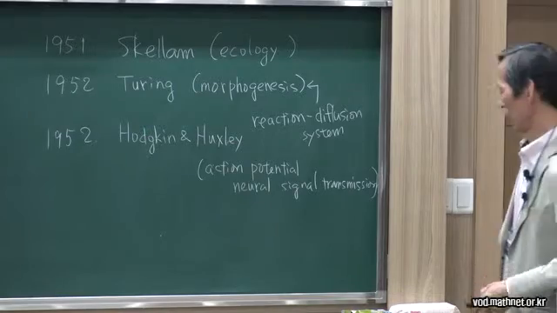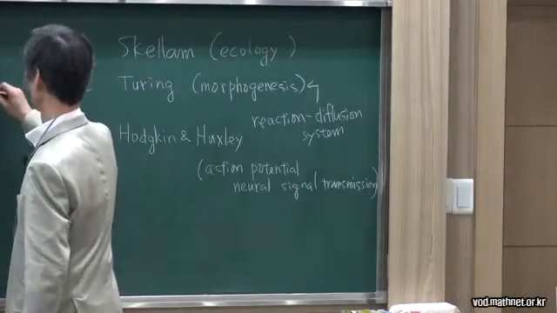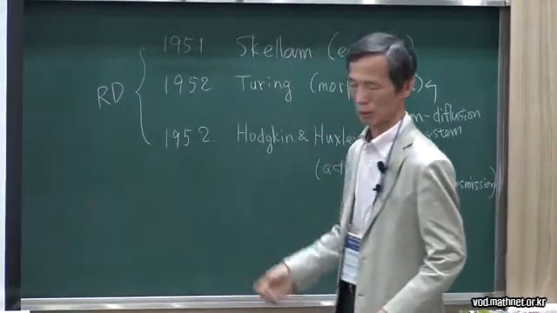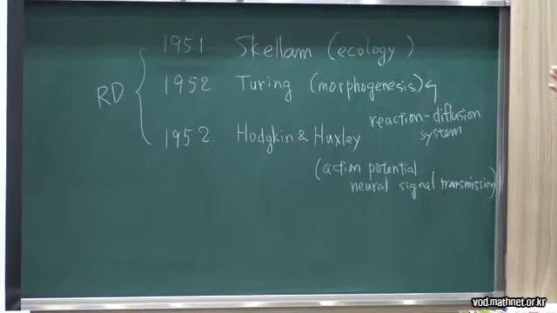But again, this is related to reaction-diffusion. I write it as RD, reaction-diffusion systems or equations. So in 1951 to 52, three very important fundamental results appeared in slightly different areas, and they had a very strong influence on later studies.